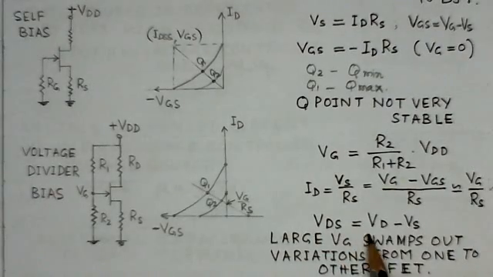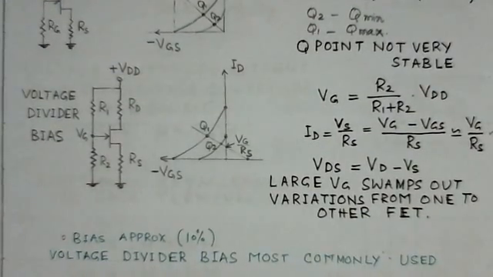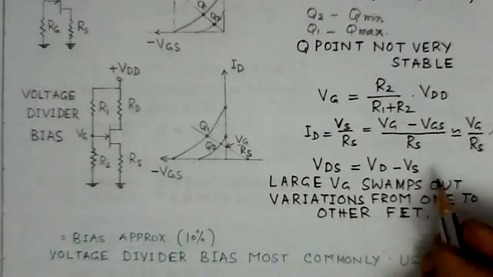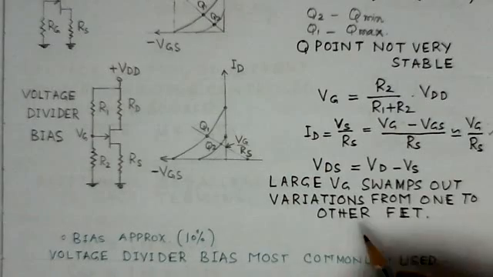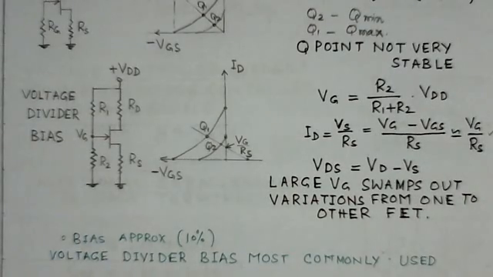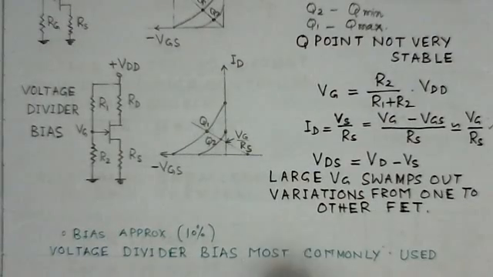So VDS equals VD minus VS. The advantage here is the large VG, because this value is large as compared to VGS, so it smooths out the variations from one FET to another, because there are changes in FET parameters, and it takes care of those variations.